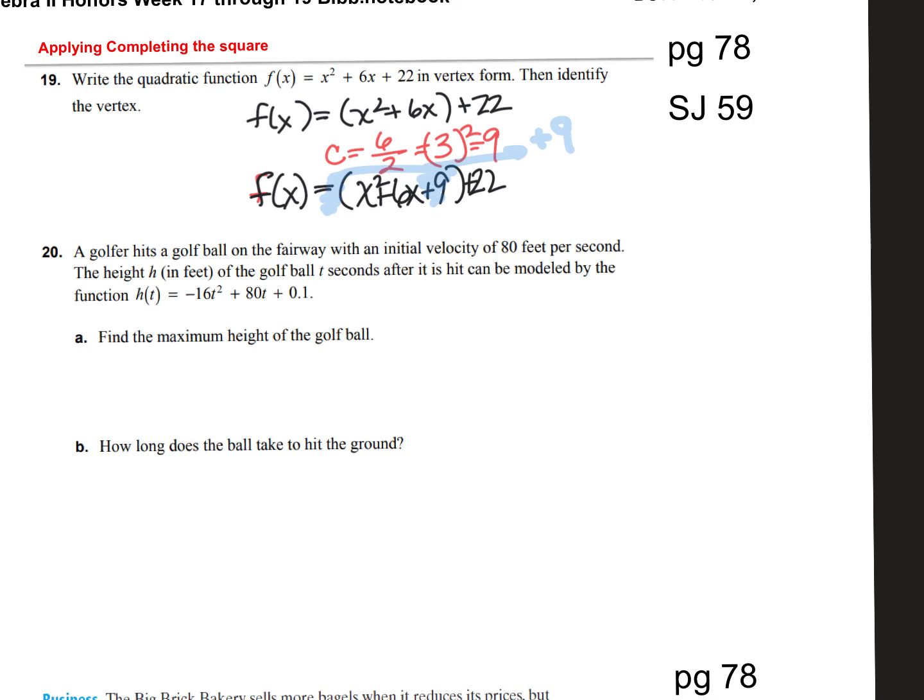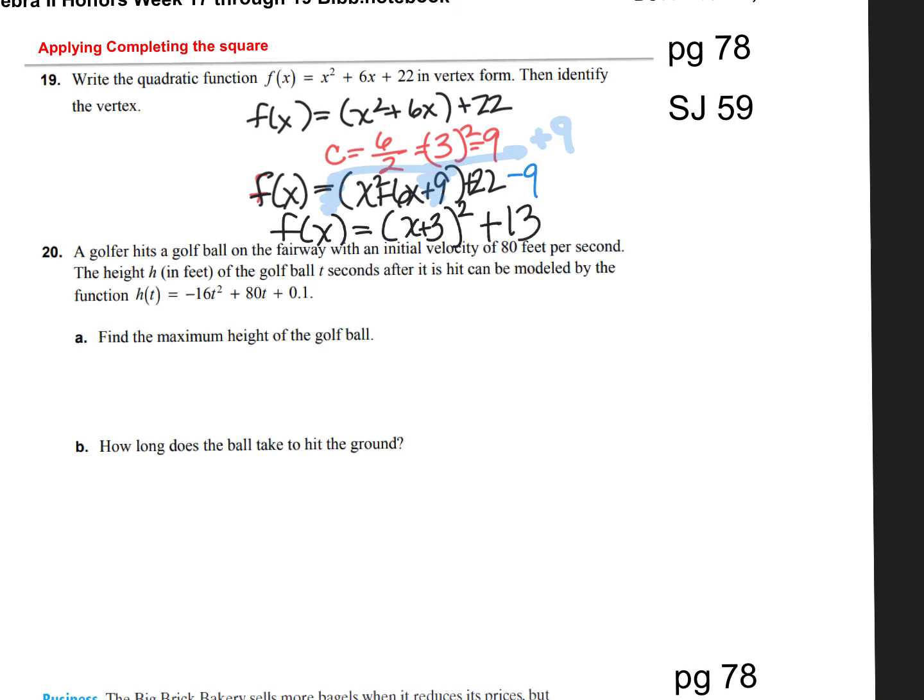Use that process. So to balance back out, I'm going to subtract 9. I'm going to factor what's inside of the parentheses. So x squared plus 6x plus 9 factors into x plus 3, that quantity squared. It's a perfect square trinomial. And 22 minus 9, is that 13? I think it's positive 13.